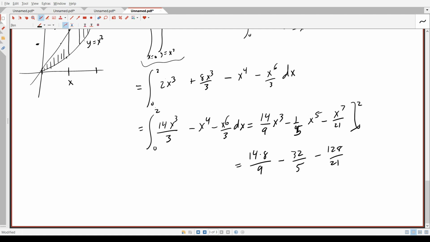Let's see if that's the same. I hope this is the same. So if I plug this into the calculator, I get, let's see, 14 times 8 divided by 9 minus 32 over 5 minus 128 over 21. Cross my fingers.